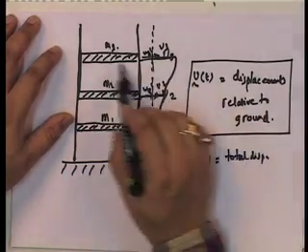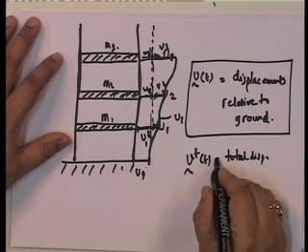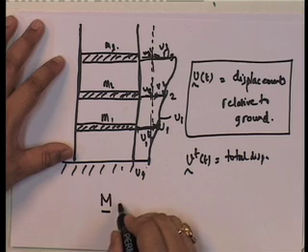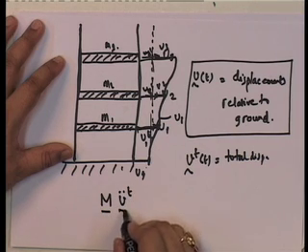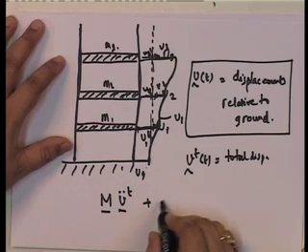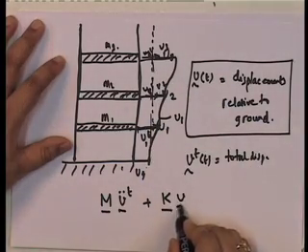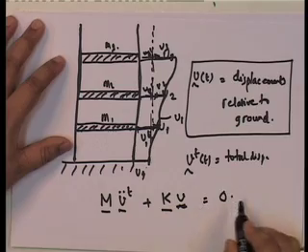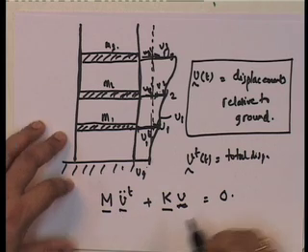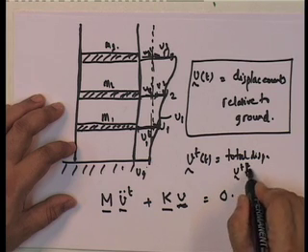Okay. And if you look at it, the masses are being subjected to these accelerations. So they are being subjected to the total accelerations. So then what you have is m into V total double dot. Okay. That is the inertial force, plus now k, because that is the deformation, into V is equal to 0, because there is no external load. Okay. However, if you look at this, what is V total of t equal to?